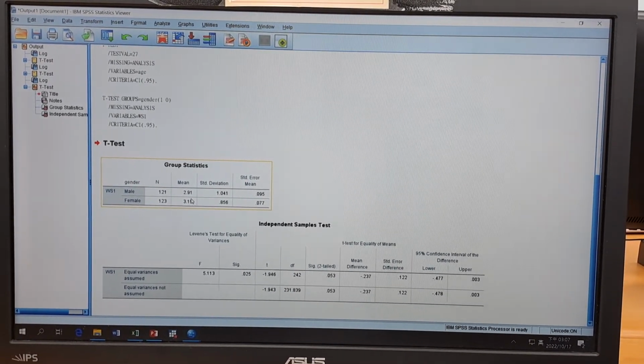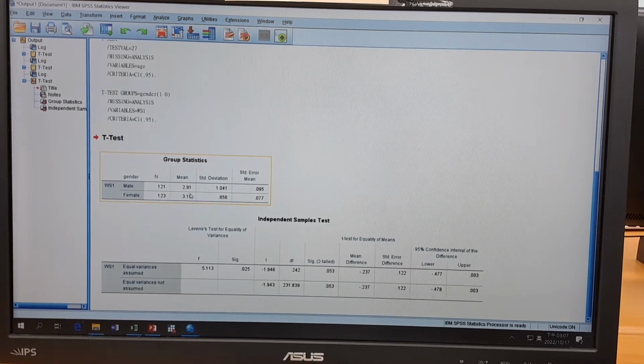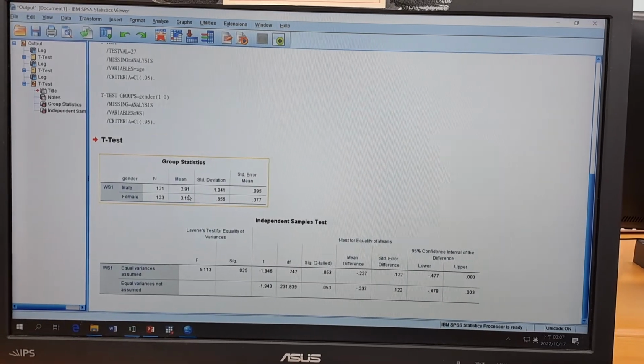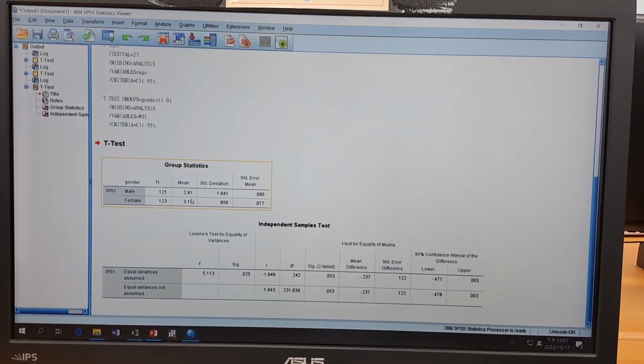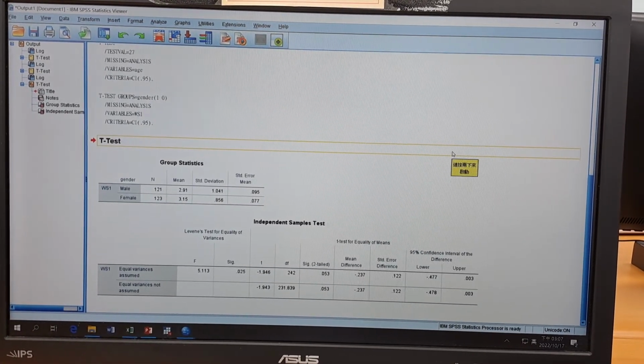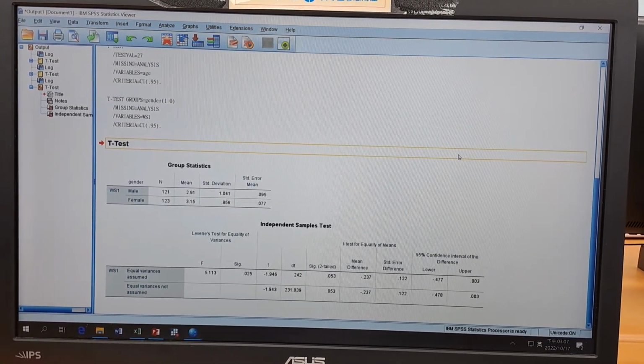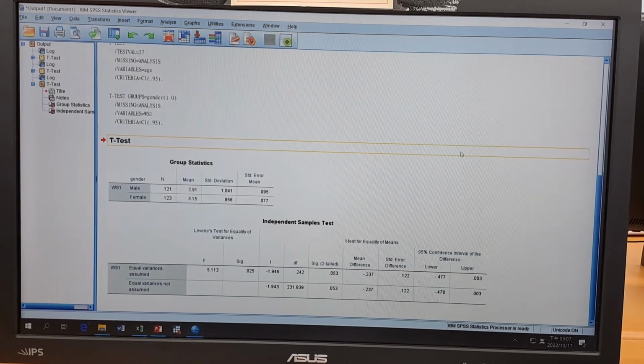Female, what is the mean score? .115. So this is the conclusion.